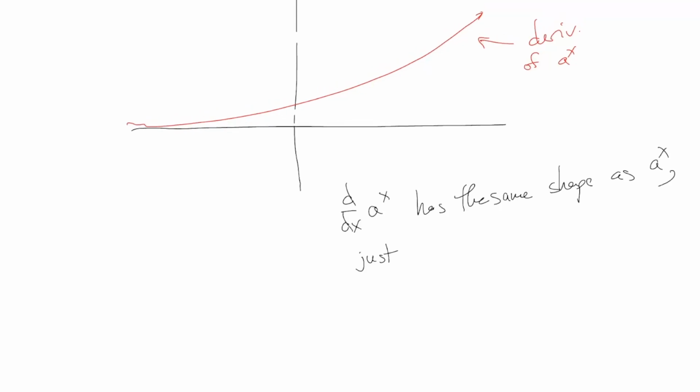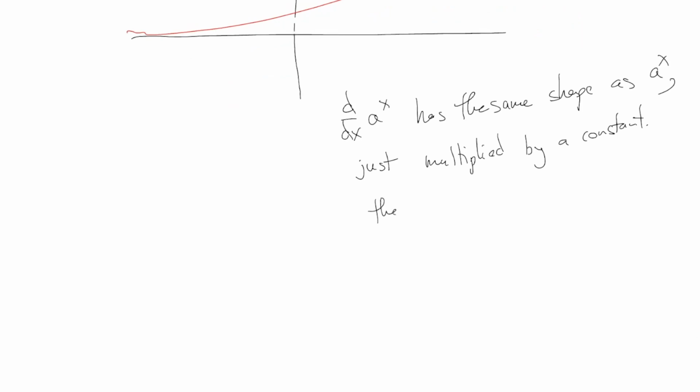The only difference is it's just multiplied by a constant to change the steepness a little bit. And that constant is, this is maybe a little confusing if you've never seen this before, ln of a. This is the natural logarithm of a.